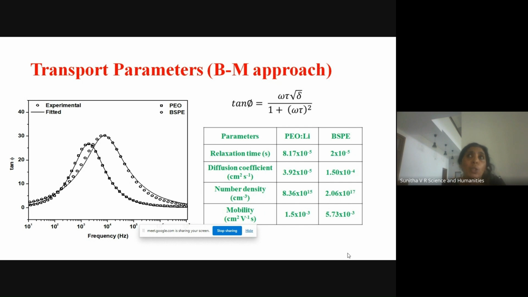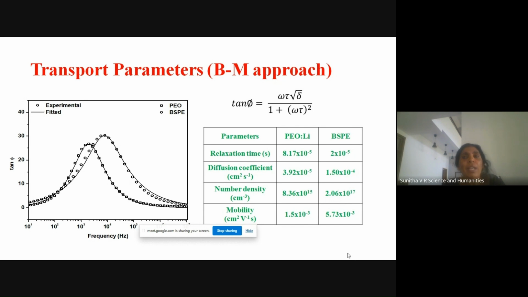So segmental motion of the polymer chain is very, very important, which will decide the mobility of the ions moving in these systems. So now we look into the transport parameters to check whether they have improved upon mixing with the polymers.